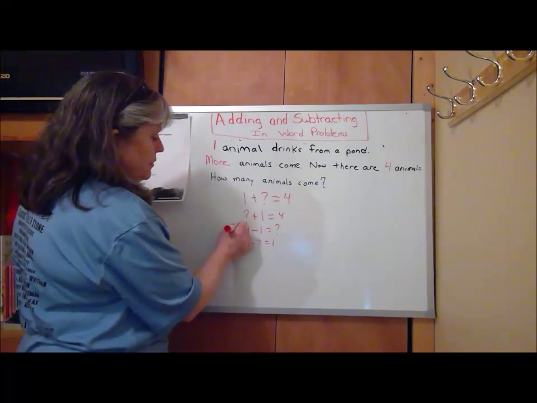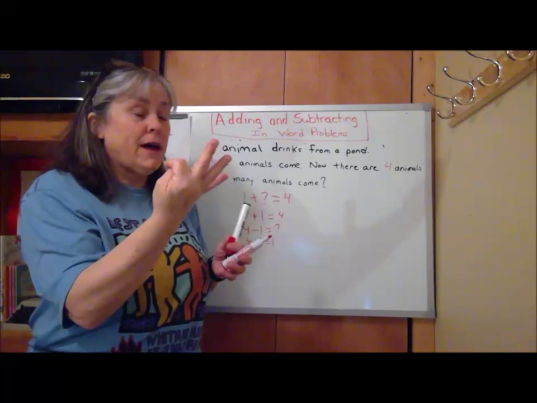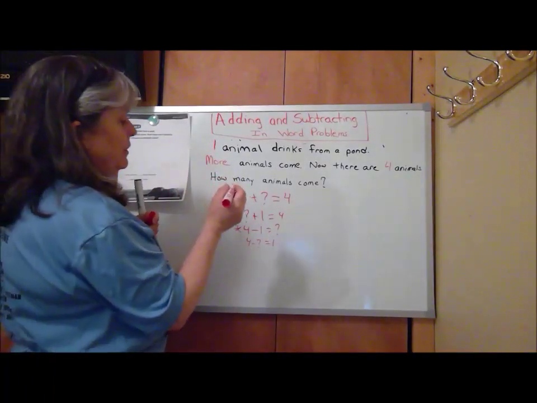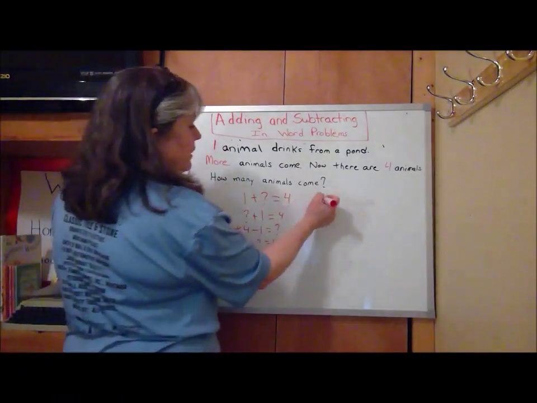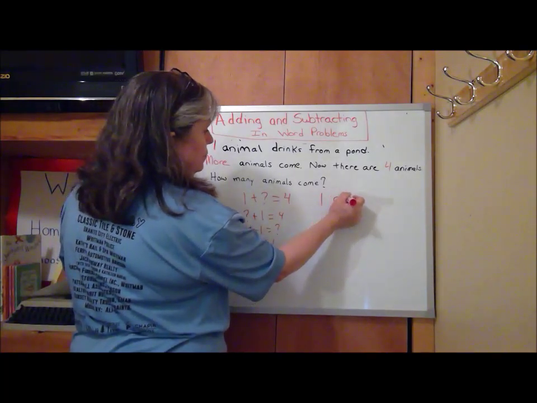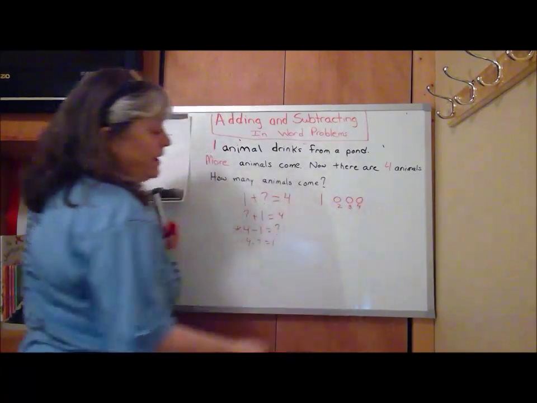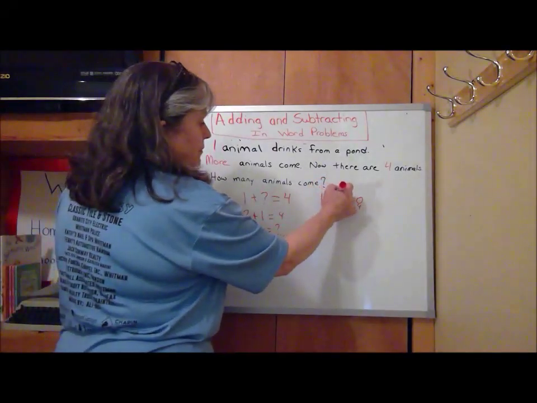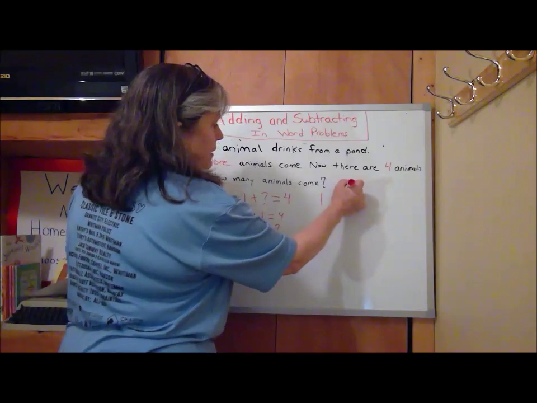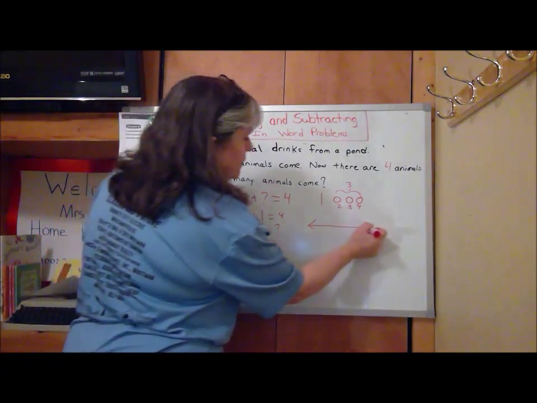So I could use 4 minus 1. I could do that. I could count on. So I could go like this: 1, and then 2, 3, 4. Right? And now I know that this number is a 3. I could use my number line.